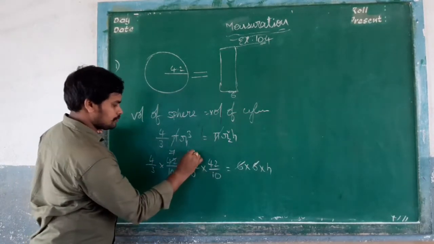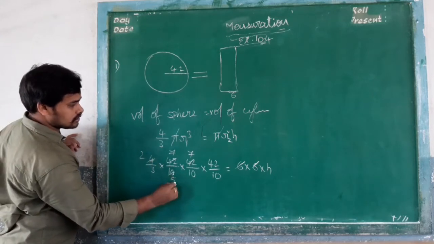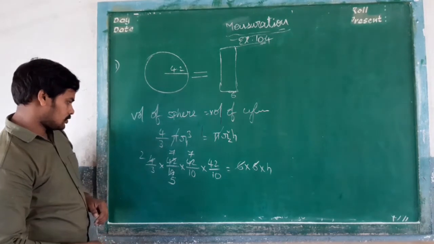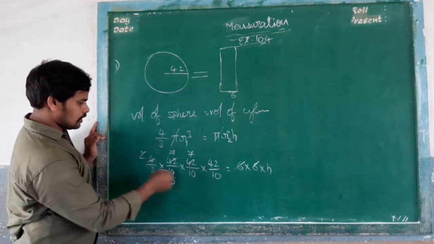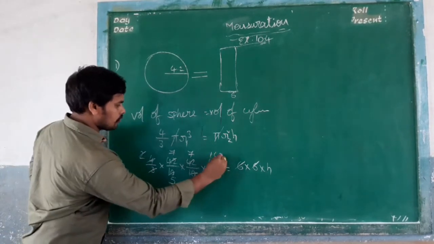6 in 42, 7 times, and this is 2 times, and this is 5 times. Again this is 5 times. So 3 in 14, 14 times.